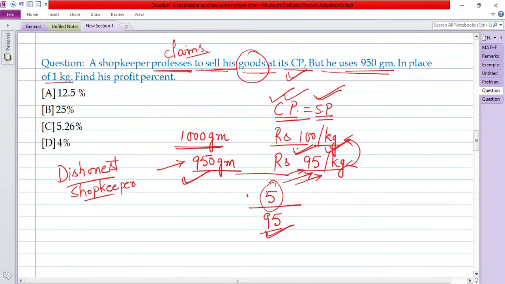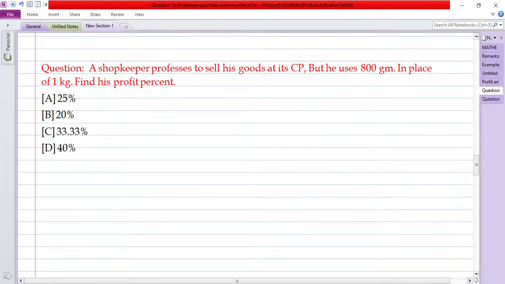So profit amount by cost price into 100. So this we can cancel out. So it is 100 by 19. So it will be 5.26%. Obviously, this is the profit percent. 5.26 is the profit percentage.